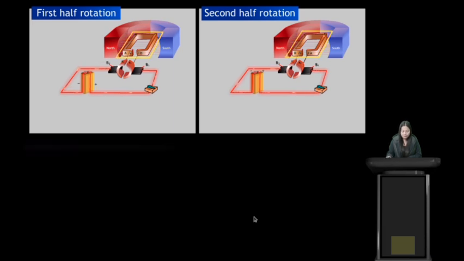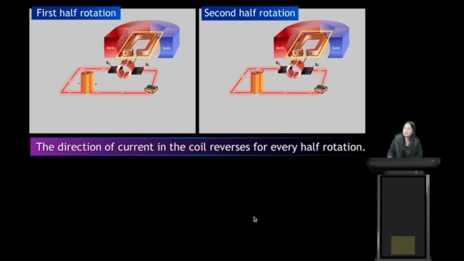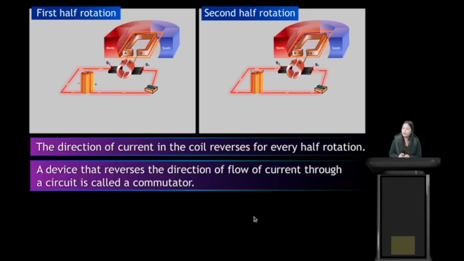Alright, students. So here we see that the direction of current in the coil reverses for every half rotation. A device that reverses the direction of flow of current through a circuit is called a commutator.